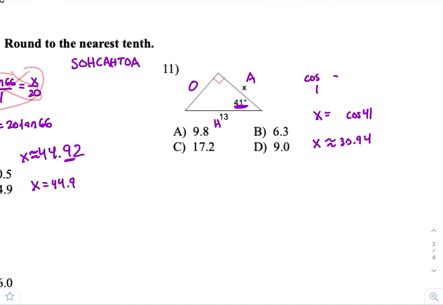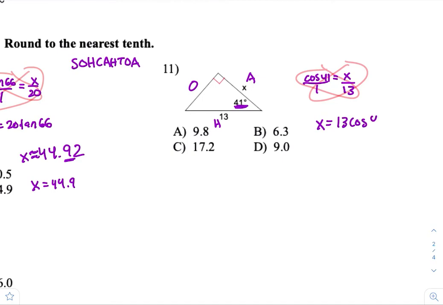As you can see, this is a good learning moment, because if you look, none of my answers are 30.94. So this is an indication to me I made a mistake. And what mistake did I make? The hypotenuse side should have been 13. X is equal to 13 cosine 41.